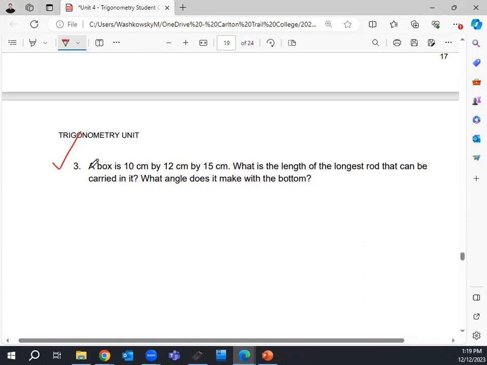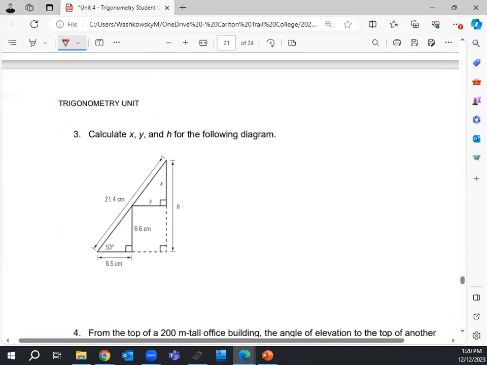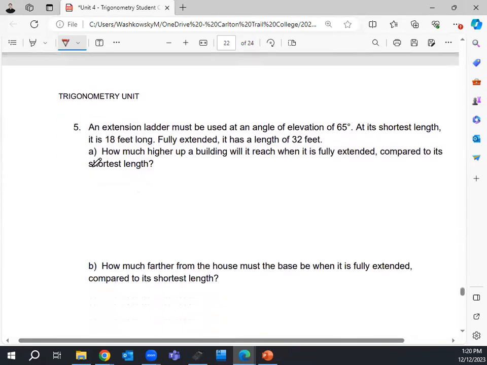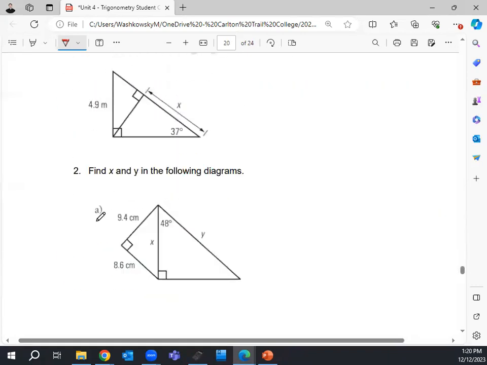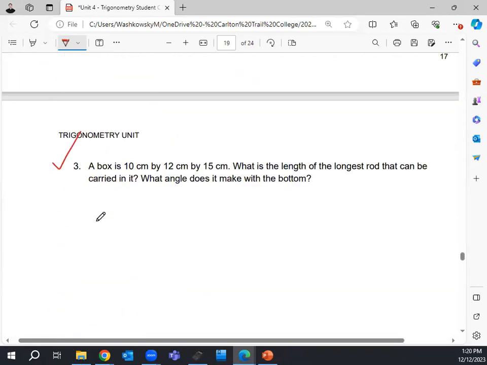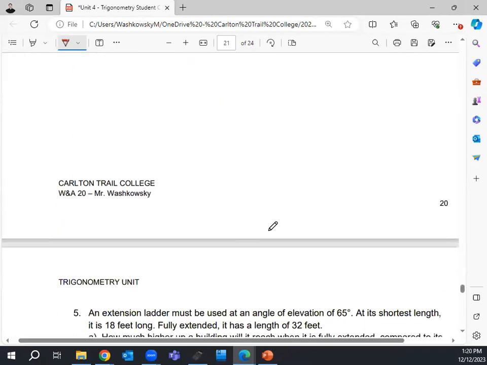We'll come back to that. So what we'll do is we'll let you guys just get straight into it. I'll let you guys start some of this stuff here. We'll see if we can do question 3. I want to bring an actual box and a rod for that because it just makes so much more sense.